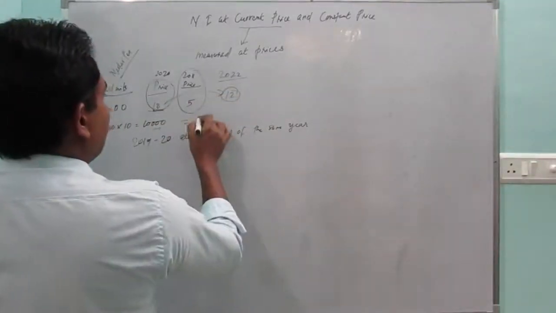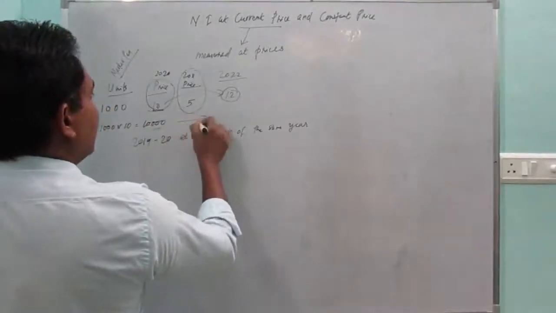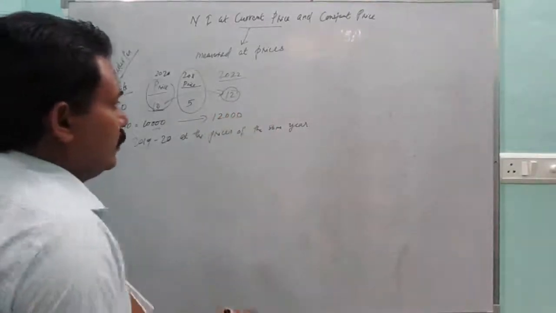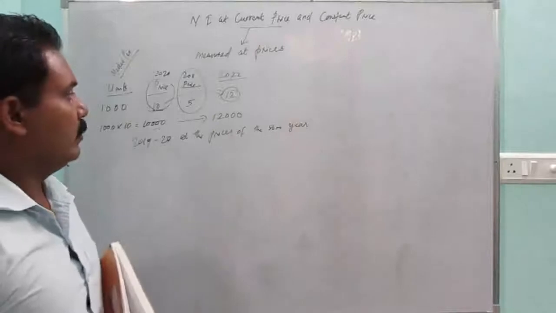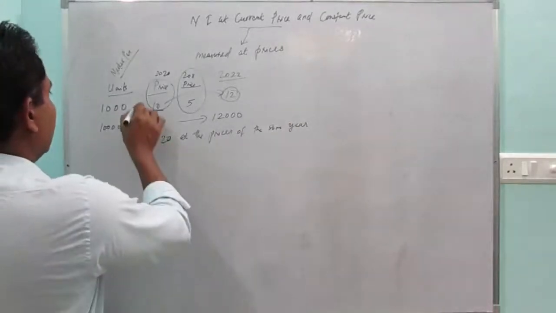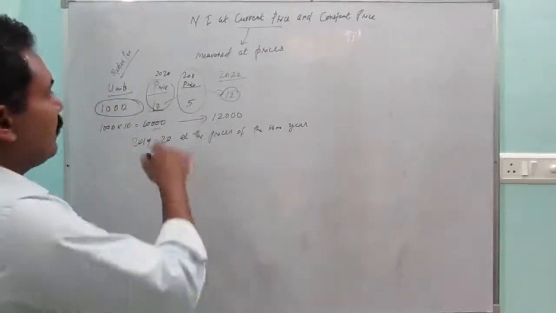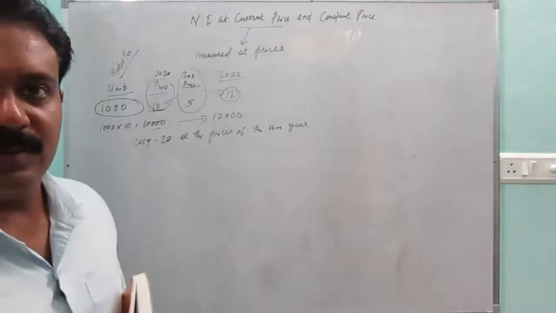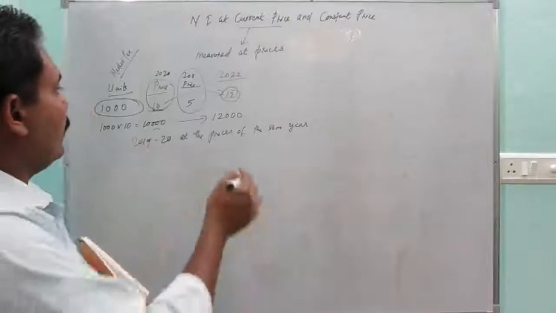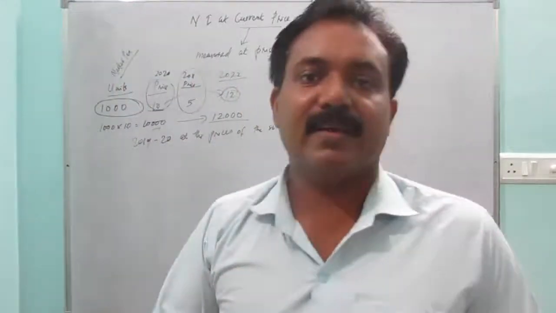So the national income is going to increase to 12,000. Simply increasing: the production units did not increase, merely the price changed. The price level went higher, and because of that, the value of output went higher.